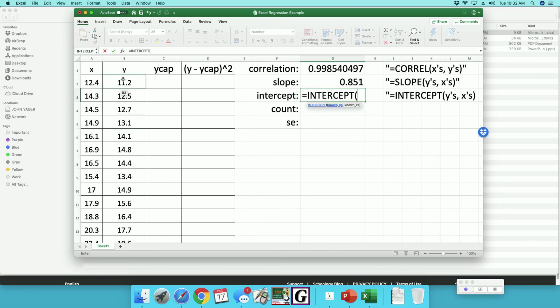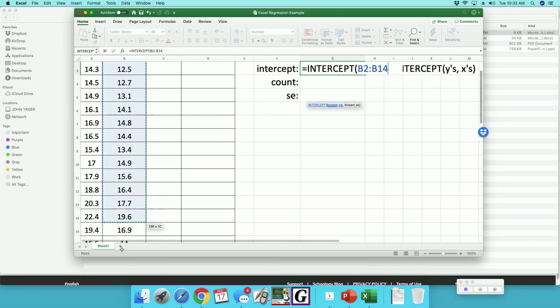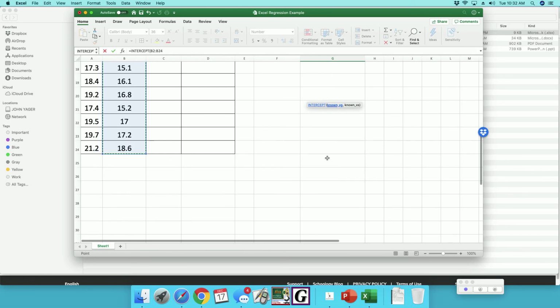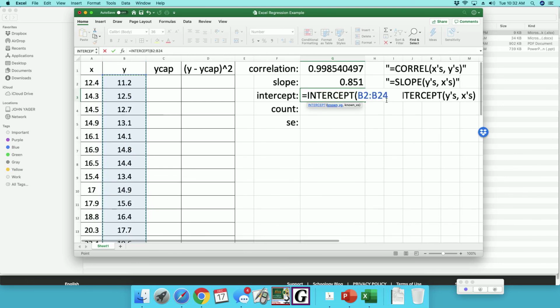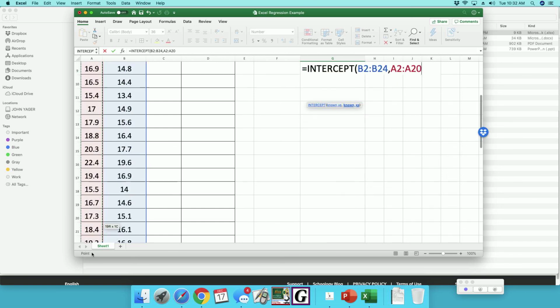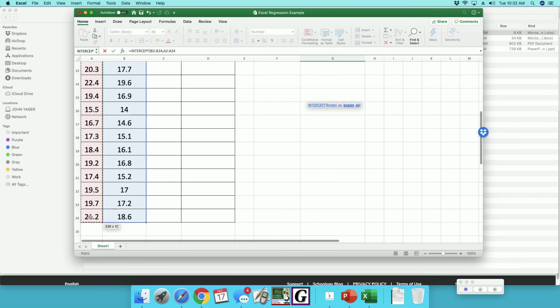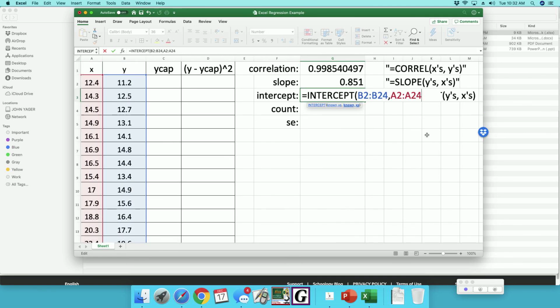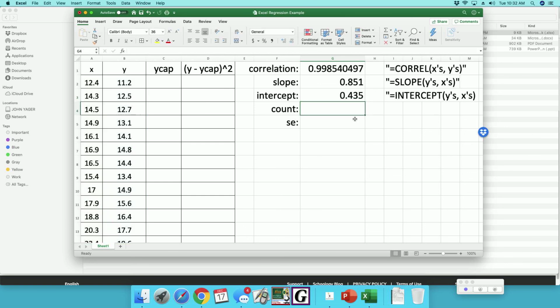Let's put in the y's, then a comma, and let's put in our x's. Put my parenthesis in and enter. Okay, so my y-intercept is 0.435.